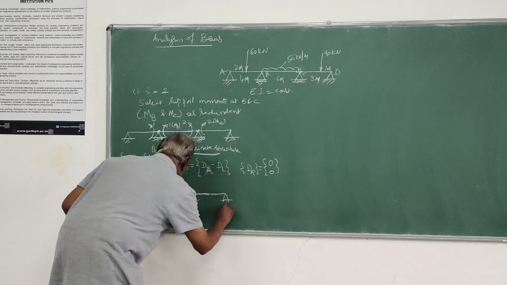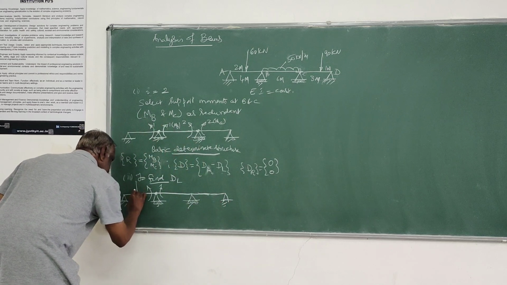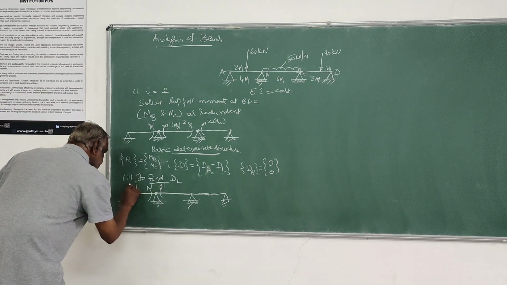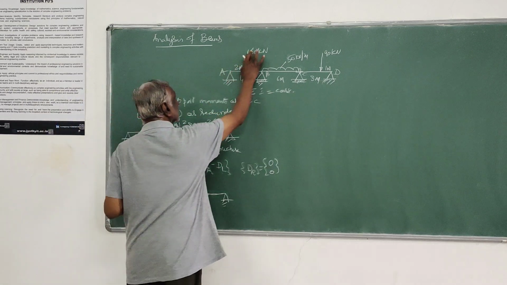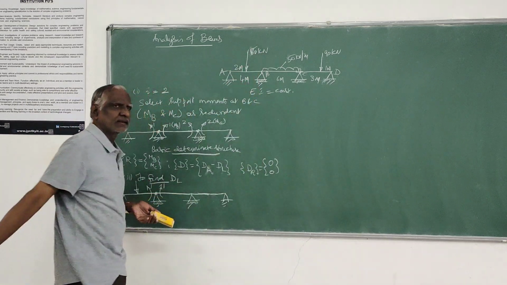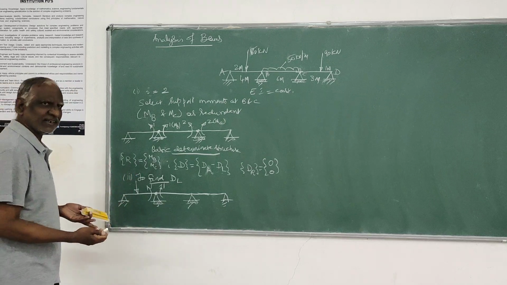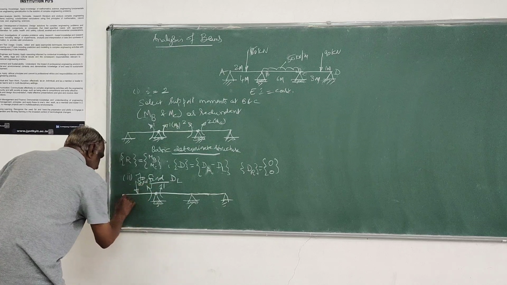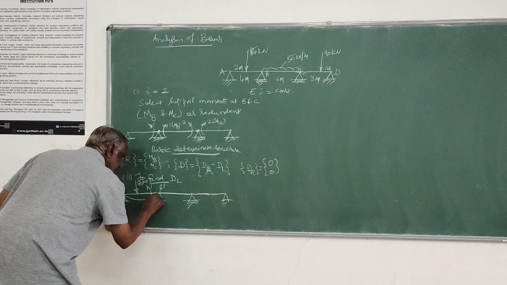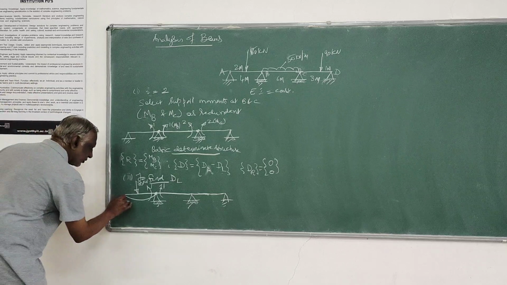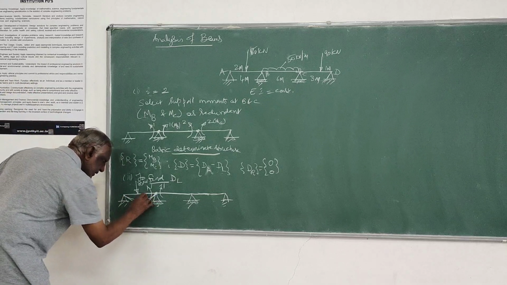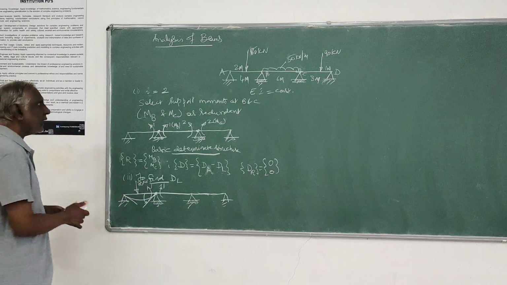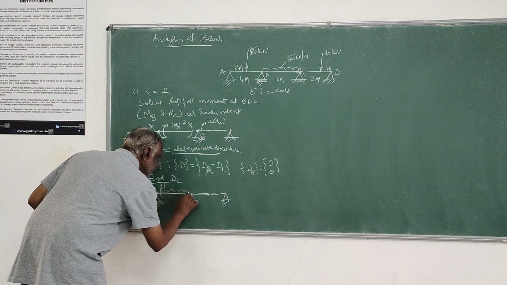This is the loading. Here we have one load. This load is arbitrarily 80 kilonewtons instead of 60, it doesn't matter. We take 80 so that calculations become easier. Because of this, it will deflect in this fashion. We have to find this displacement corresponding to coordinate 1, and here we have a UDL.